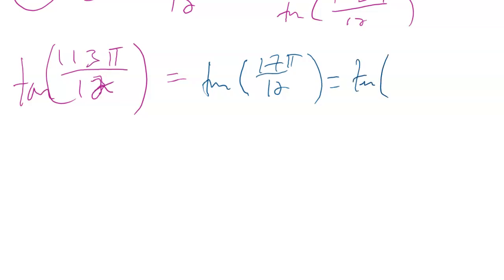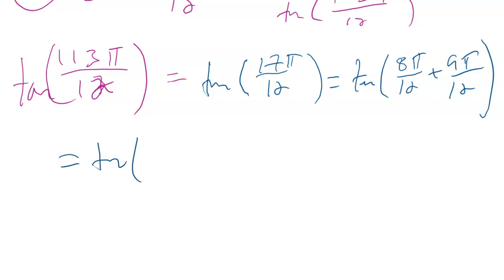I believe tangent of 8 and 9. 8 pi over 12 would reduce, plus 9 pi over 12 would reduce as well. And there might be a different one that might be easier, but I just went with that. So I'm going to go ahead and reduce those values. So I'll say tangent of, I believe that's going to be 2 pi over 3, plus, when I reduce this, I can reduce it by 3, and that's 3 pi over 4.